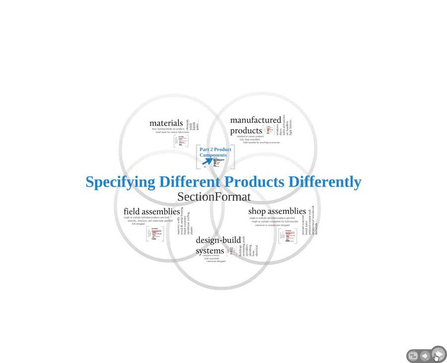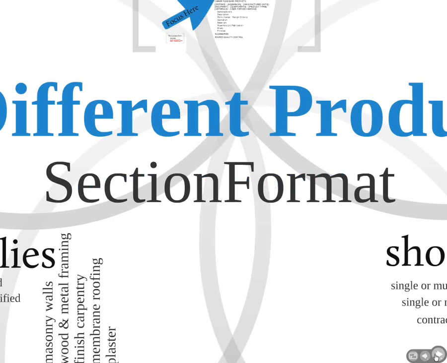I sent Dave a copy when we were looking for topics for this month's discussion, and both of us agreed that this was a good idea and kind of build on some things that we'd done in previous sessions. So we're going to be talking about how the different categories of products need to have a slightly different approach to specify them correctly and effectively. Thanks, Tommy, and we're glad that you're online to hear us.